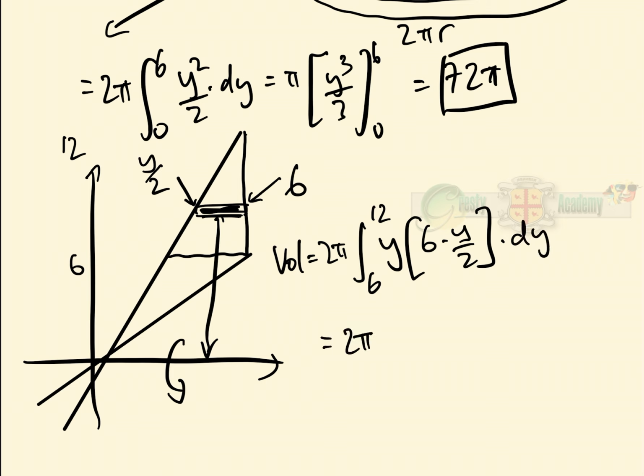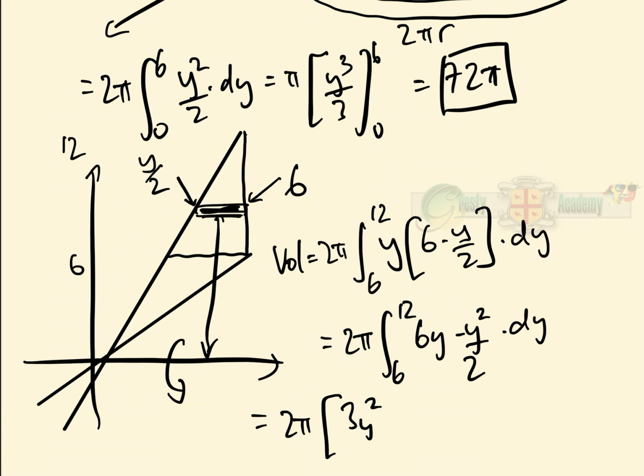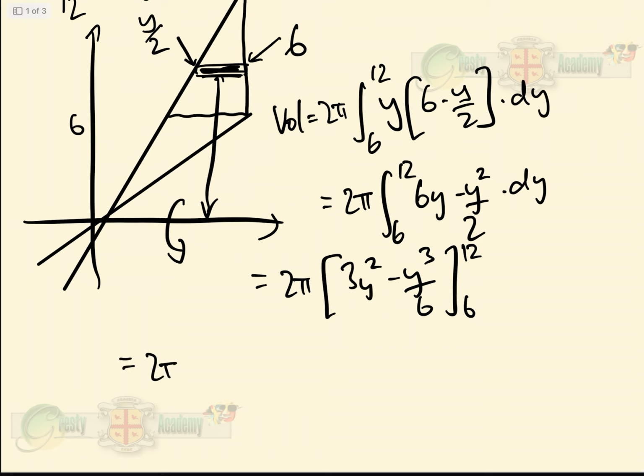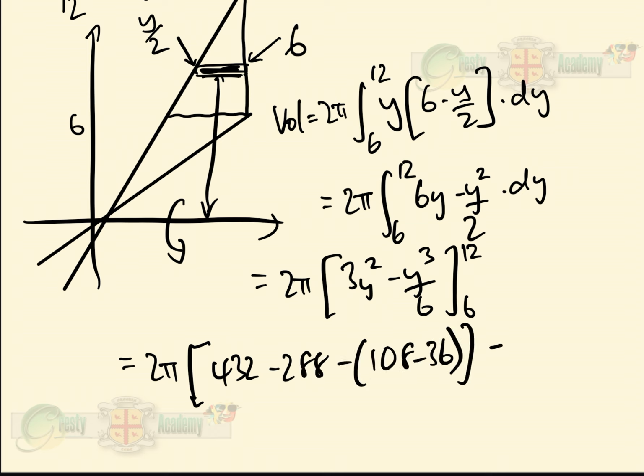Okay, and that equals 2 pi times the integral between 6 and 12 of 6y minus y squared over 2 dy, which equals 2 pi times 3y squared minus y cubed over 6 between 6 and 12, and just a little bit of messing around there, that is equal to 2 pi times 432 take away 288 take away 108 take away 36, which equals 144 pi.